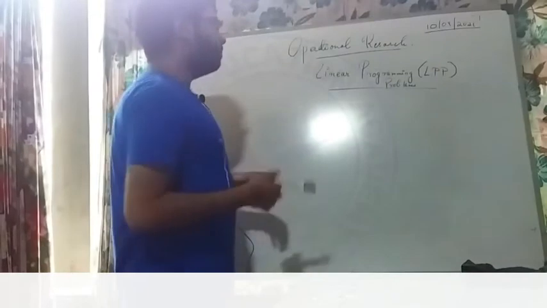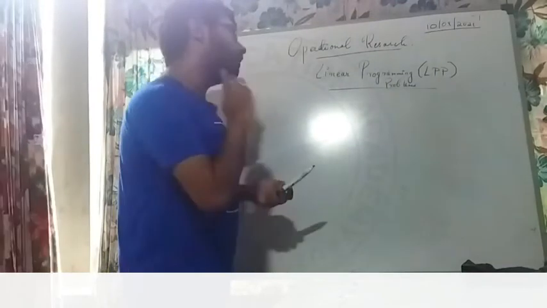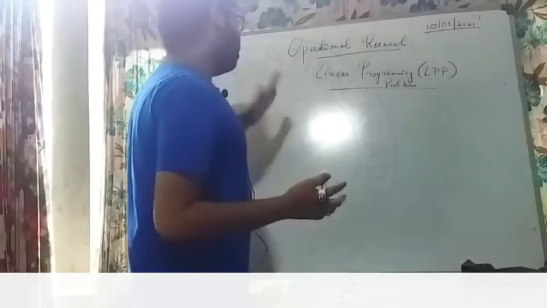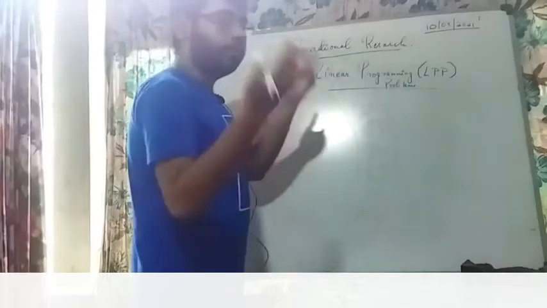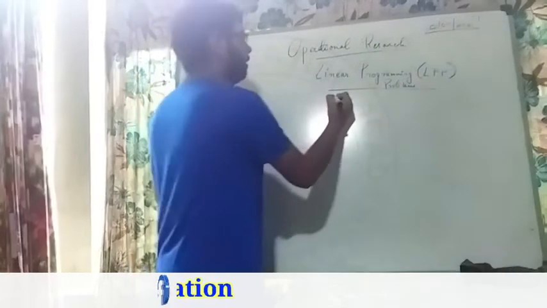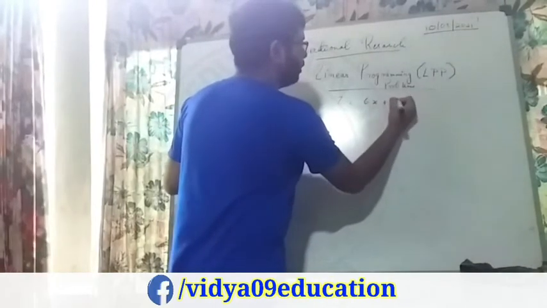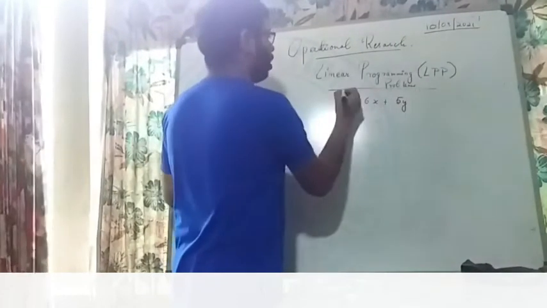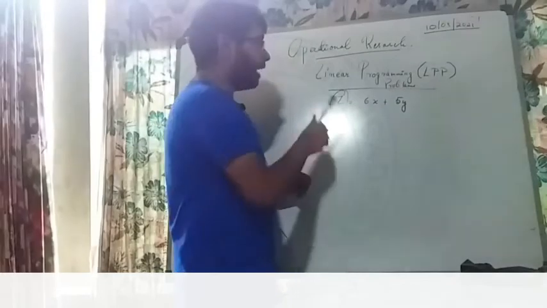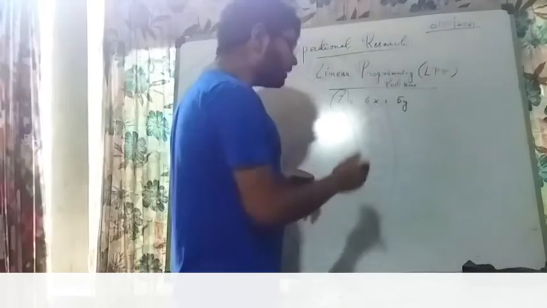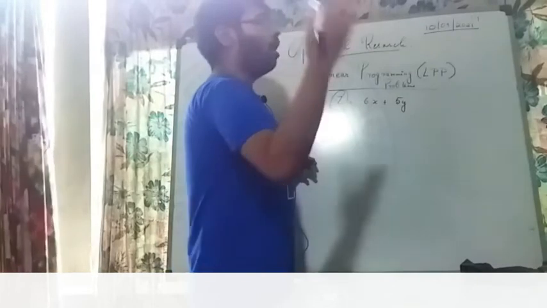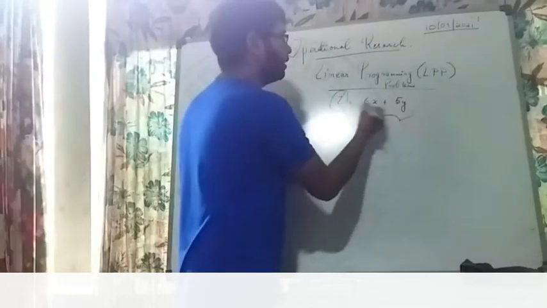There are many sorts of linear programming problems where we need to keep some things in mind. First, there is an objective function. We denote the objective function with Z, which means we need to maximize or minimize this function.